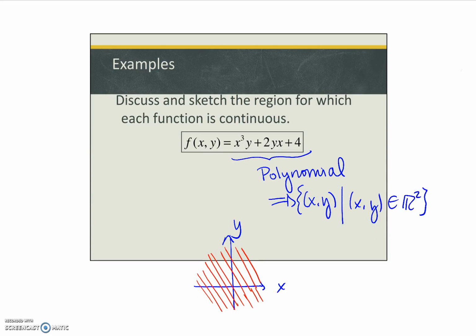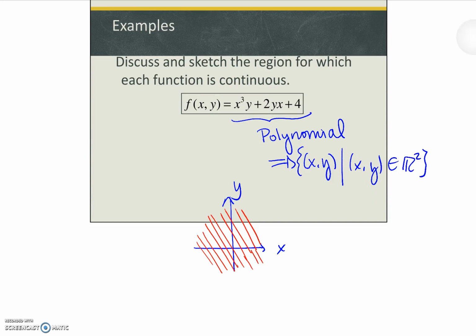So here's our first example. Discuss and sketch the region for which each function is continuous. And so my f of x and y here, x cubed times y plus 2yx plus 4, that's a polynomial. All of the variables are raised to positive integer powers, and that's what makes it a polynomial.